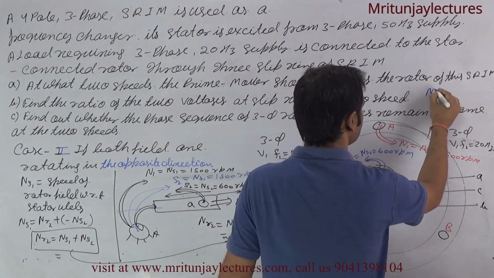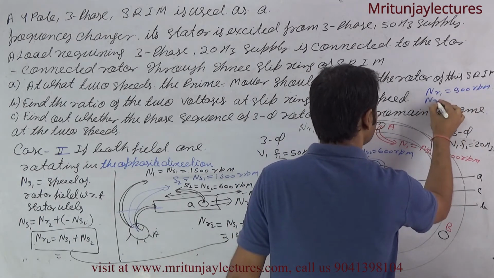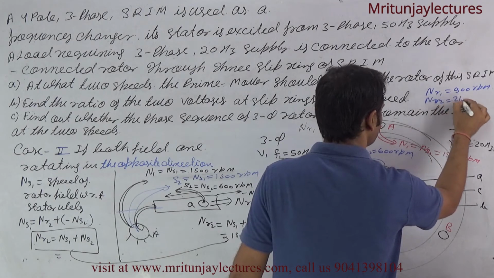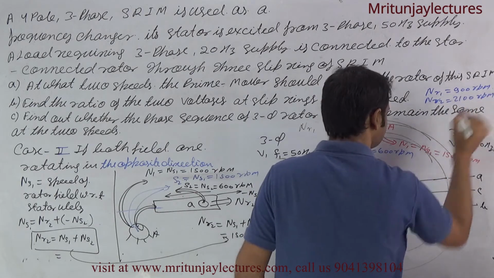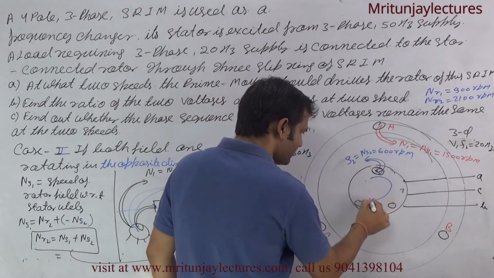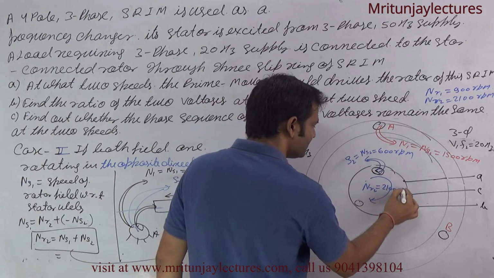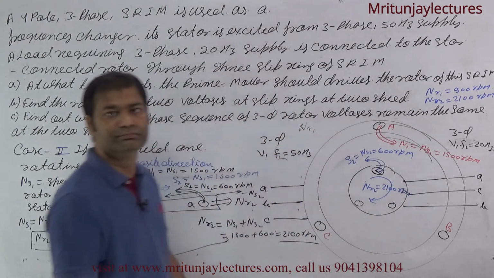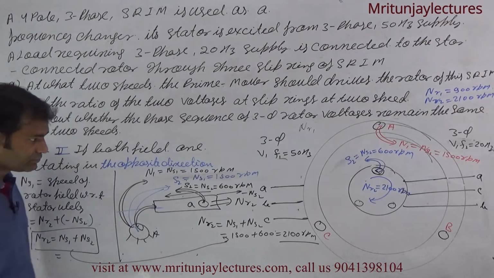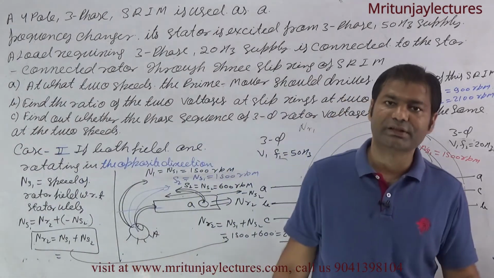NR1 that is 900 rpm, NR2 that is 2100 rpm. Clear? NR2 direction, that is also 2100 rpm. NR2 is 2100 rpm in the direction of the stator field. Clear?